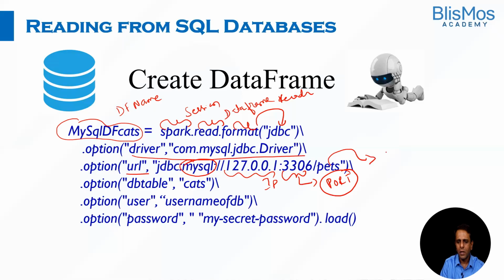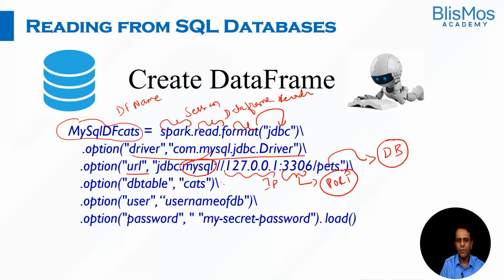In the end, in this particular option, you got to provide the database as well, because you may have different databases. So you got to provide the database, the IP address or domain name, the port in which your database is installed, and the database name itself.